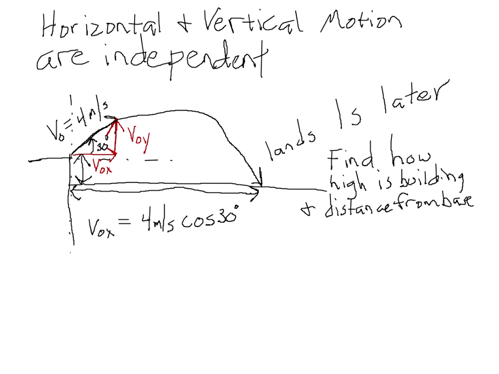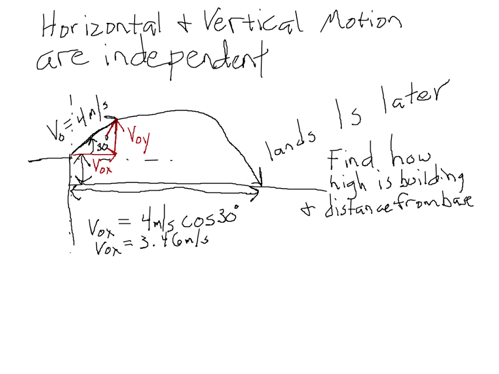We'll need our calculator for doing 4 times cosine 30. Okay, so 4 times cosine 30, that's 3.46. V0x is 3.46 meters per second.